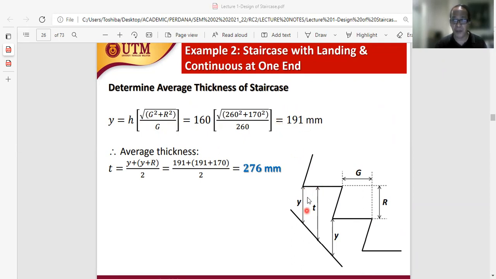Once we have this Y value, then the average thickness is Y plus R. Y plus R represents this total value. Y plus R plus Y divided by 2. This is the average thickness.